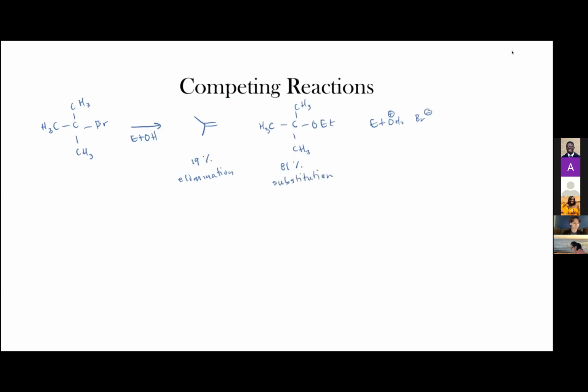Notice here that we have two substituents around the double bond, and this kind of concept will come into play in the next example. So now we're going to look at this molecule.